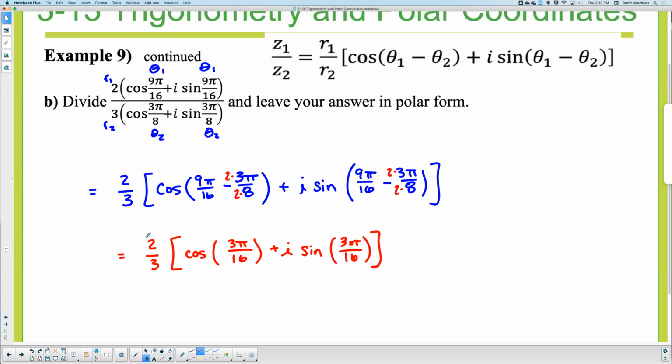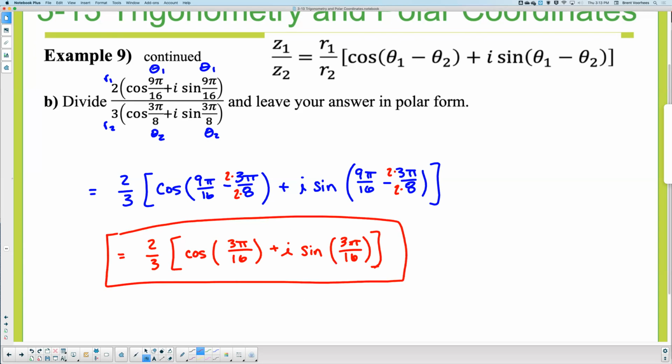And that would be our solution. Now that's how you multiply and divide using complex numbers.